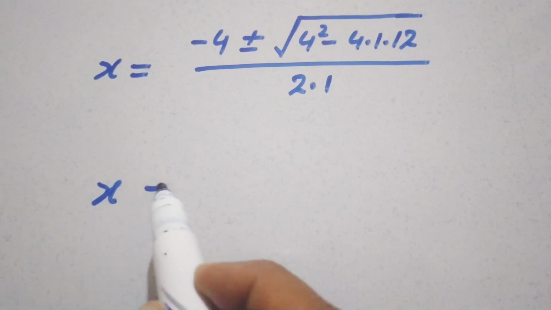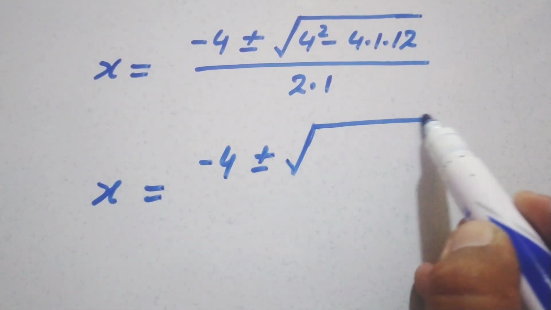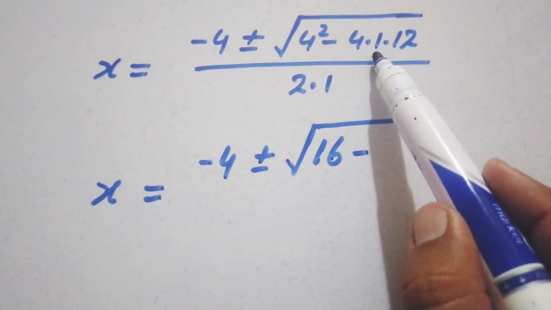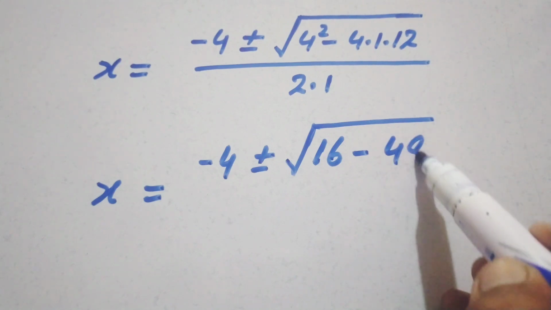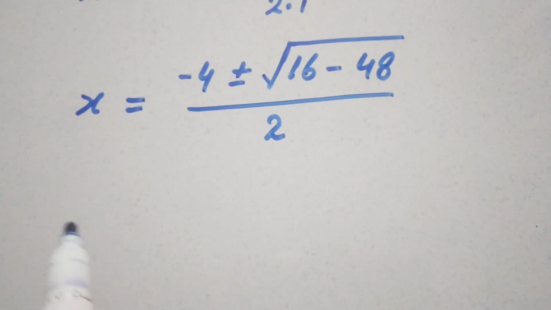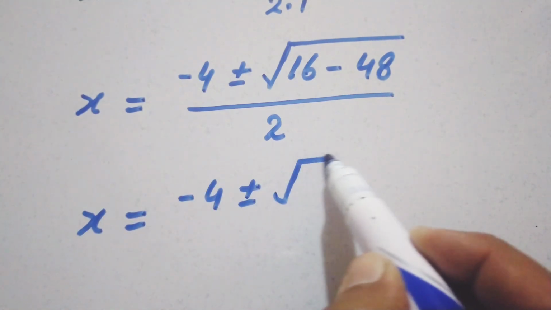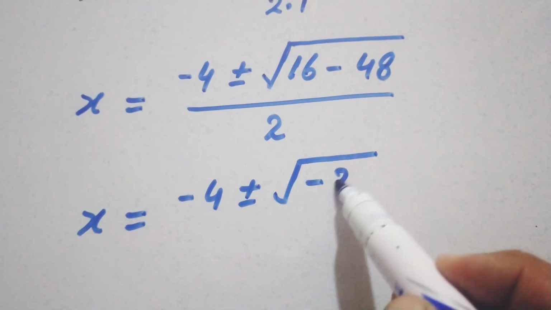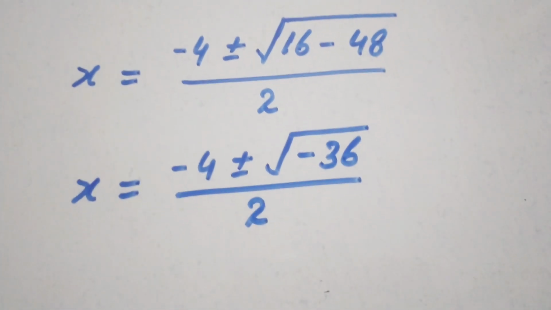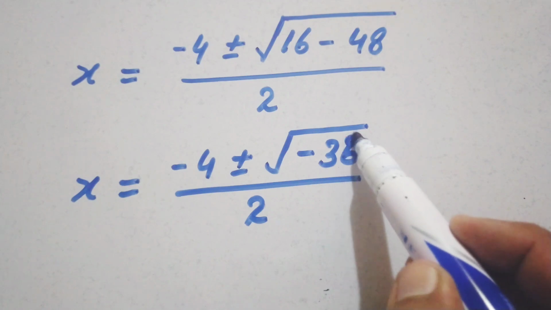Now x is equal to minus 4 plus minus square root of 4 squared, which is 16, minus 4 multiplied by 1, and 4 multiplied by 12, we get 48, divided by 2. Now 16 minus 48, we get minus 36. Sorry, here 16 minus 48, we get minus 32.